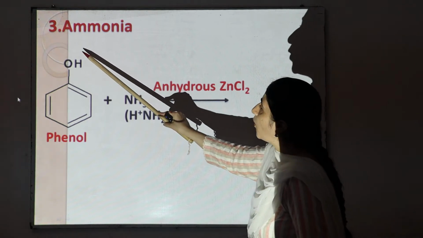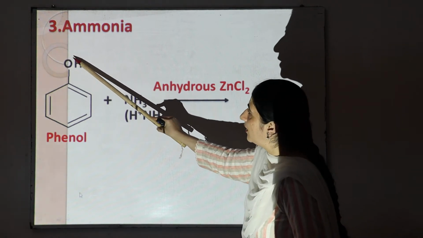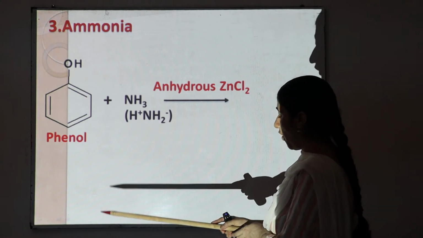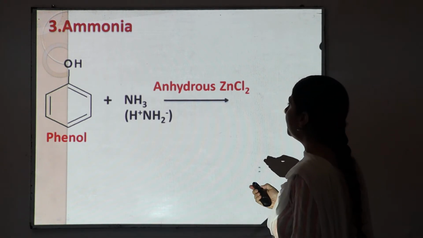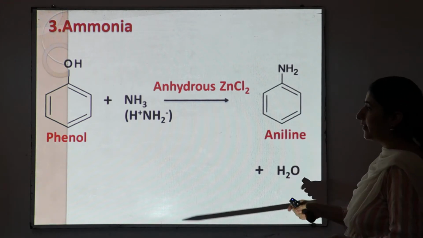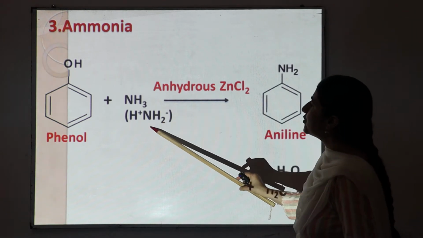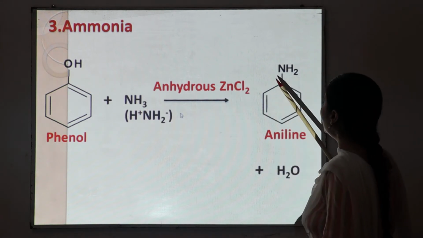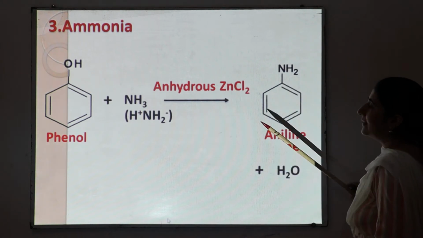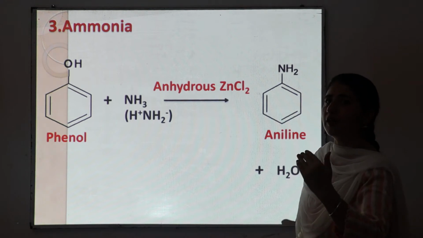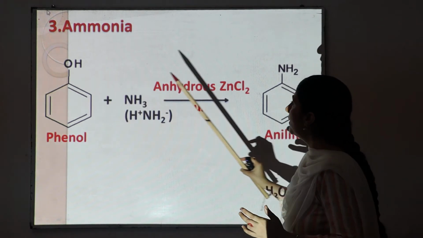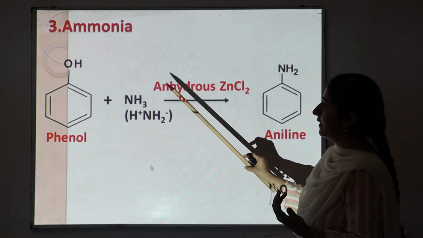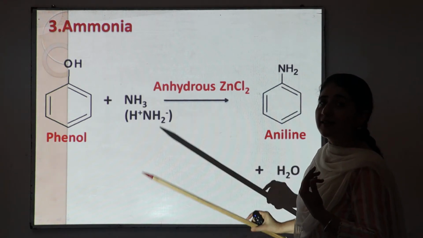The OH negative of the phenol combines with H positive of the ammonia to form water, and the remaining NH2 group combines with this phenyl moiety to form aniline. This reaction is used for the conversion of phenol to aniline by reacting it with ammonia in the presence of anhydrous zinc chloride.